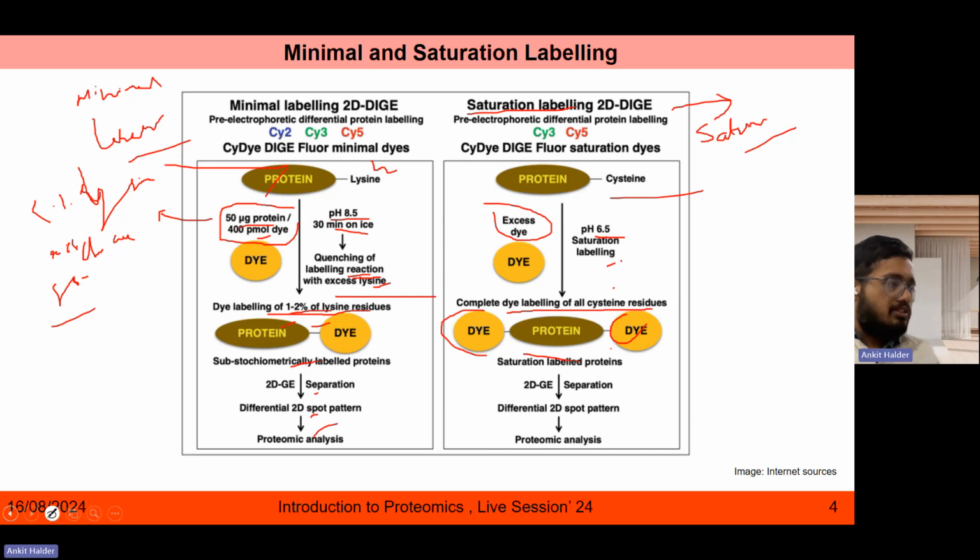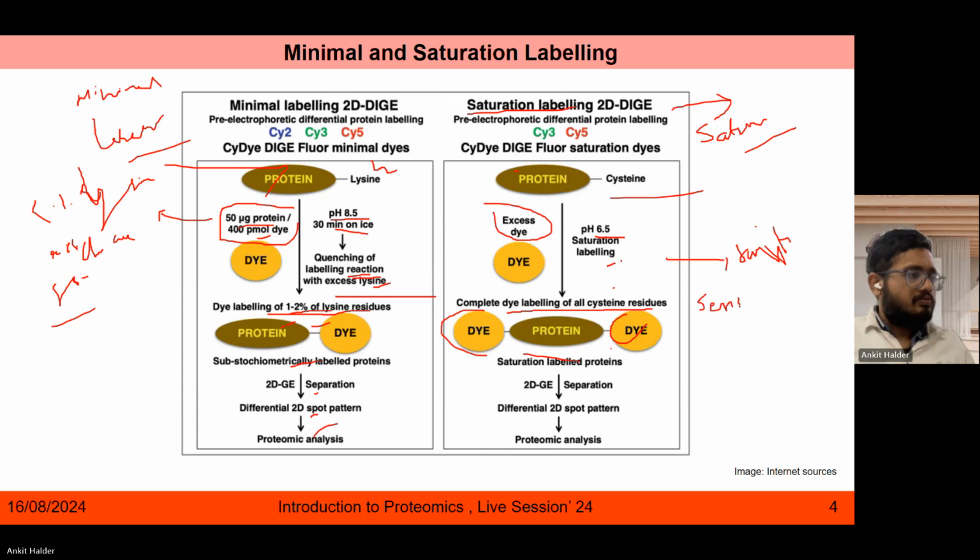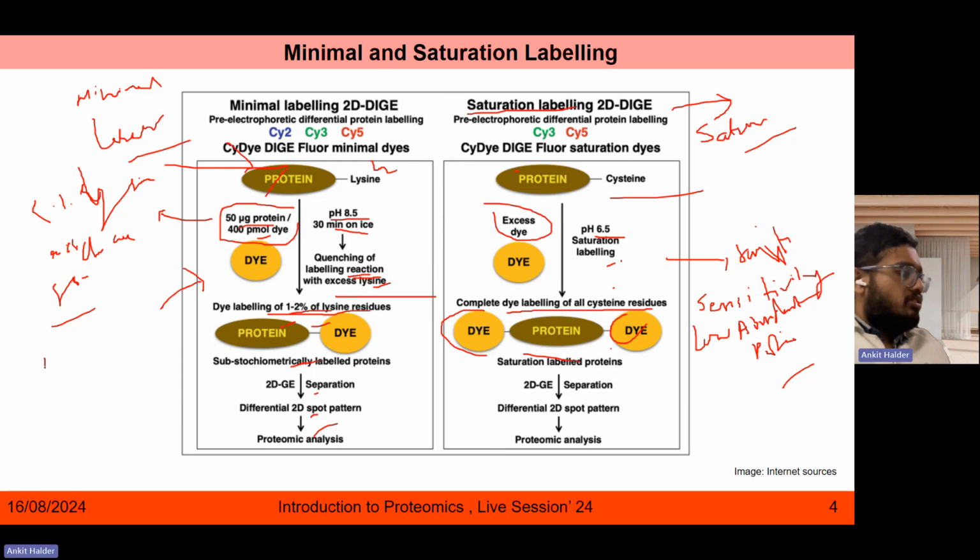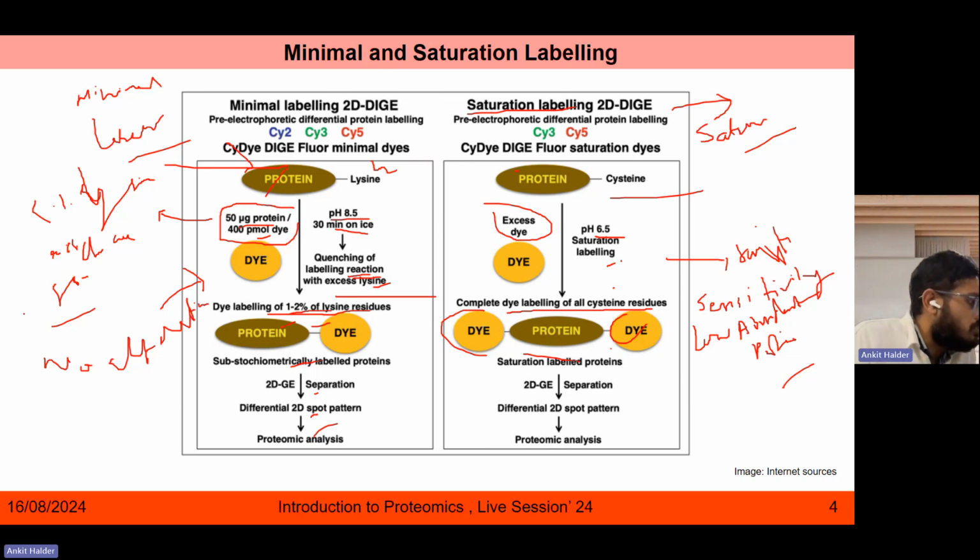So this will have your sensitivity, for low abundant protein, and here there is no alteration of protein characters, and also we are not adding much technical artifacts.